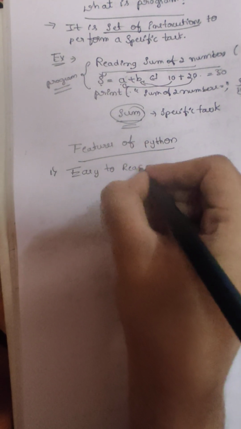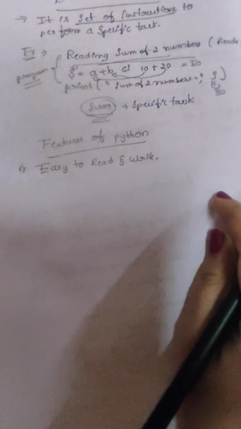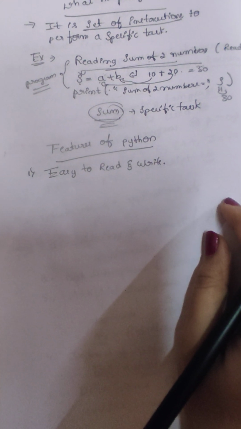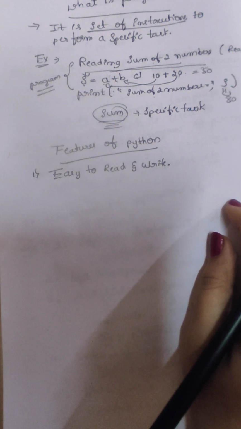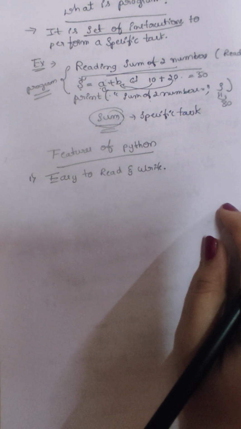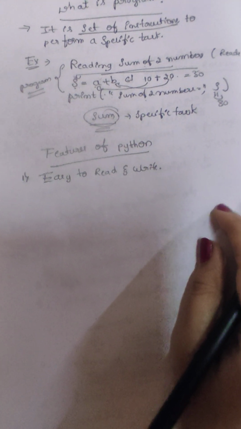The first feature is that a Python program is easy to read and write. I already discussed that the Python programming language is a high level language. It is easy to read and write. Our Python programming language is in English language. So it is easy to read and write.